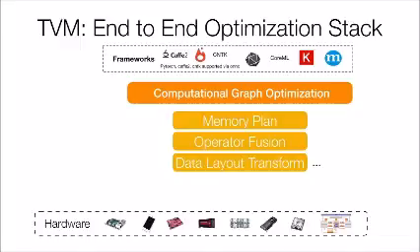To take a look at how much benefit we can get by using the machine learning-based approach, I will show you one specific workload in ResNet 18, which is a common computer vision workload. Here, the x-axis is the number of trials we are throwing at the actual hardware, and the y-axis is the speedup compared against the baseline, which is a manually optimized cuDNN baseline. We have two curves here.